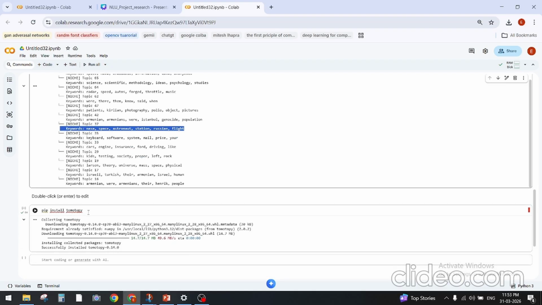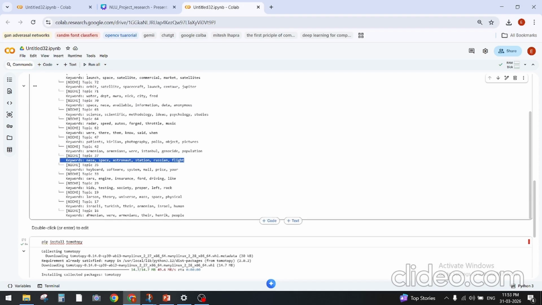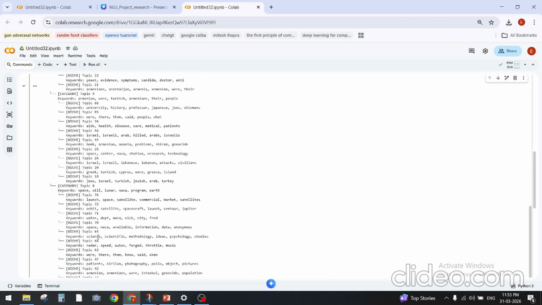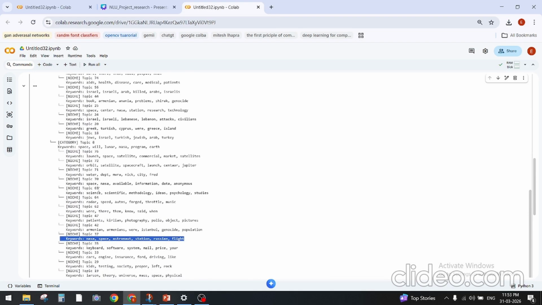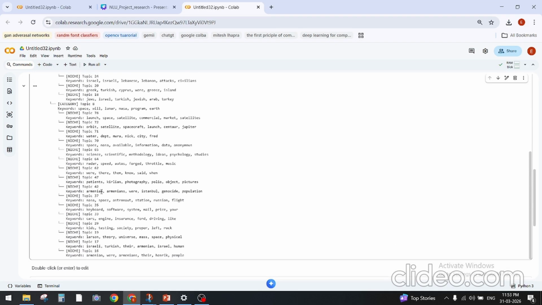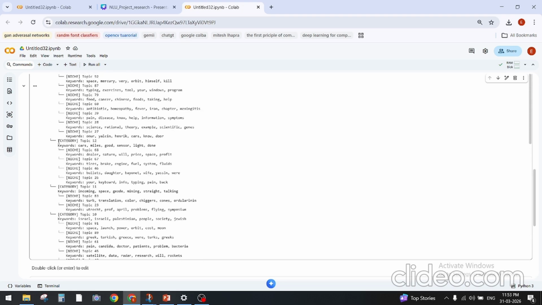As I mentioned, we are using the tomotopy library for implementation of HLDA. We can also see one more example of our code. Topic 12 that we saw was about automobile.